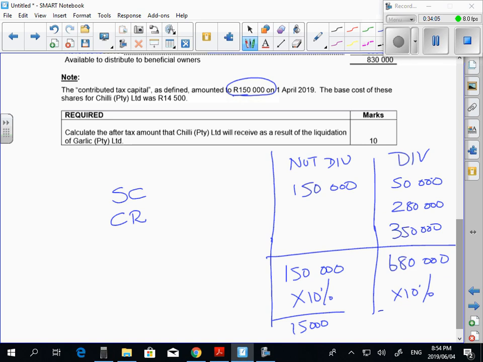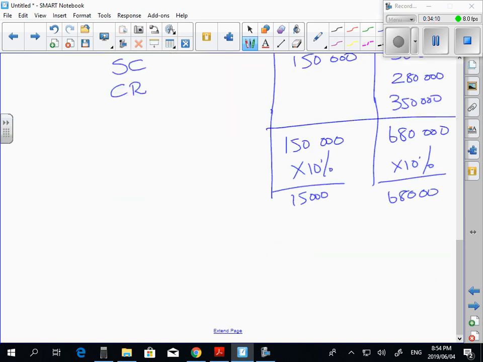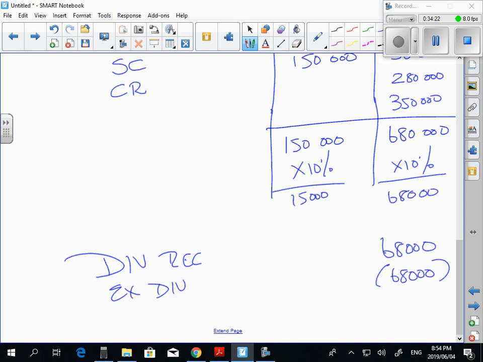And times 10% here is 68. And they've asked you to do the tax calc of the company. So you're going to go dividend received, 68. Exempt dividend, 68. Proceeds, 15,000.